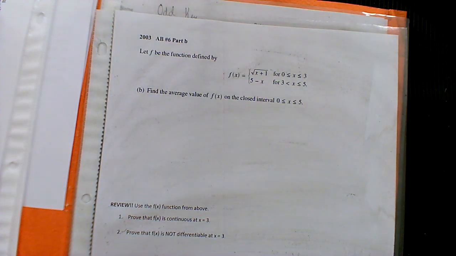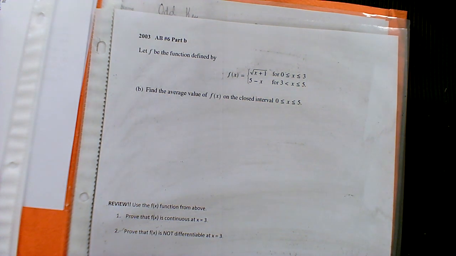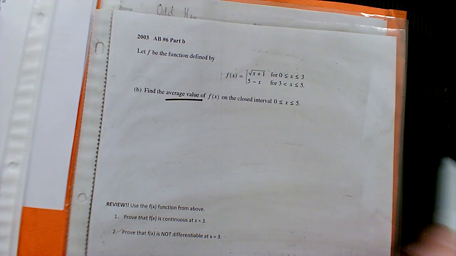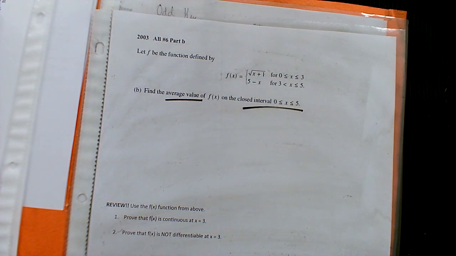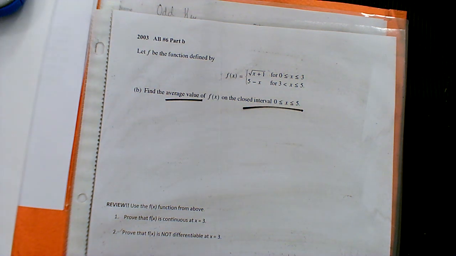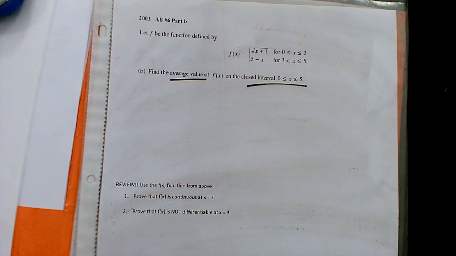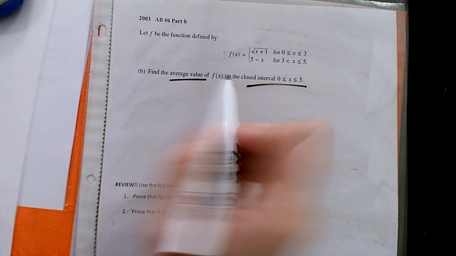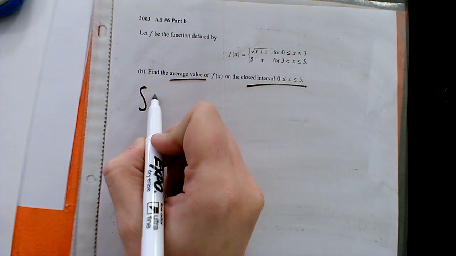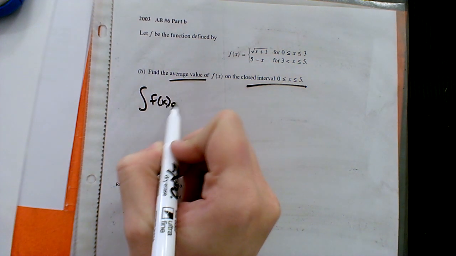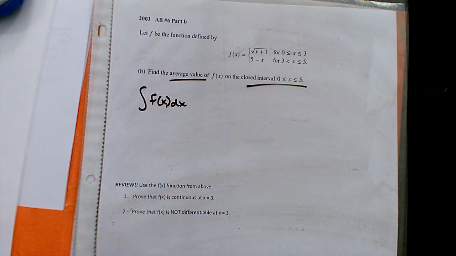Let's try more of a functional based one. Let f be the function defined by this piecewise. Find the average value on the closed interval from 0 to 5. Can we think of our setup? If we want the average value of f, we'd have to use the f of x function.